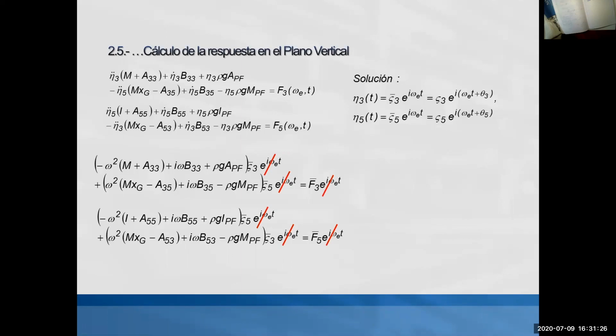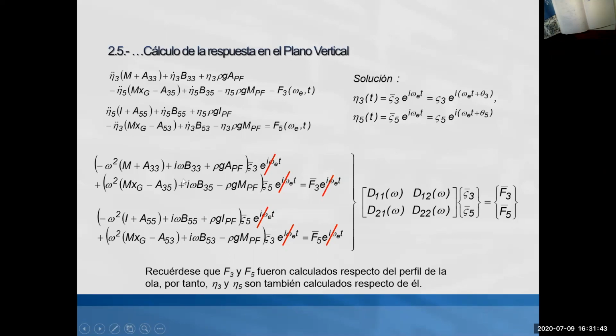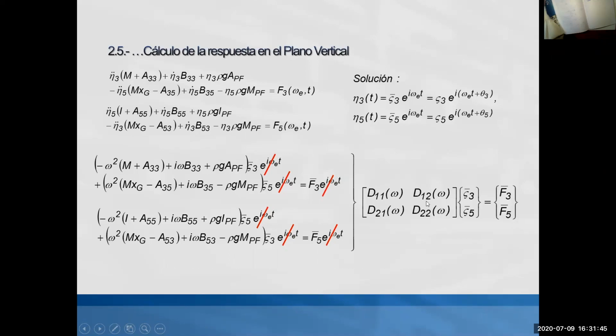And after we do that, we are left with a very nice system of equations. So D11 is going to be everything which is multiplied by zeta 3. So it's this. D12 is multiplied by zeta 5. So it's all of this, etc.